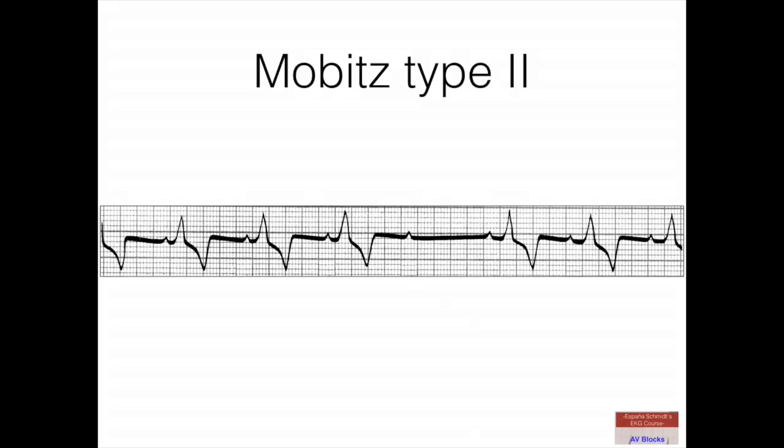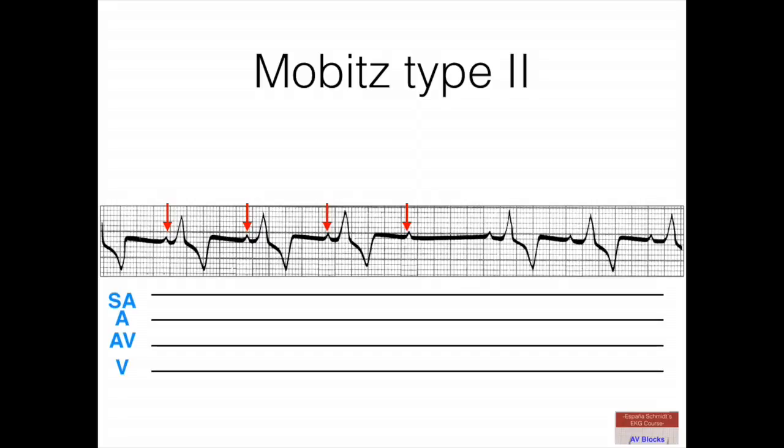Here we have a trace with a Mobitz 2 type block. Here we have a P before every QRS, and then suddenly we have a P that does not conduct the QRS. As we see, the QRS is wide and the PR intervals are constant. Here we illustrate with a Lewis diagram what is going on.